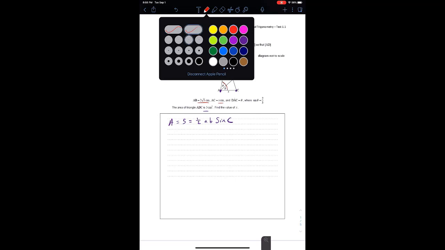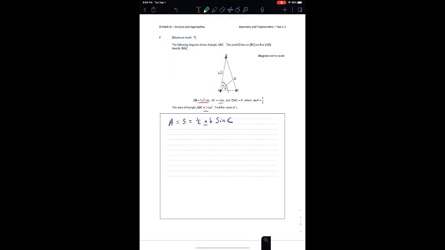And all this really means, without making it convoluted, is that the sides a and b are just two adjacent sides of the triangle. In this case, my sides will be 2 root 5, and the other side will be X. Those are my a and b, respectively. This angle C is really just the angle in between them.